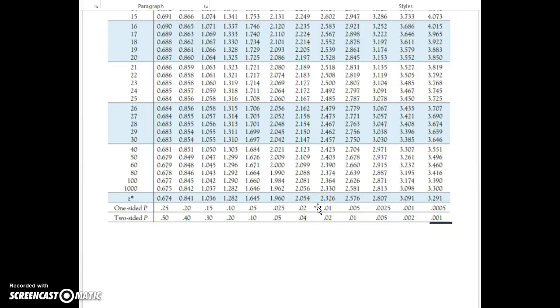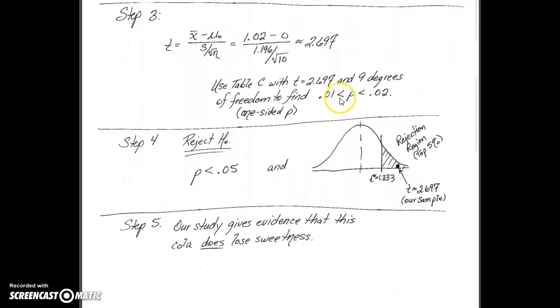We could check here if we're dealing with a one-sided, here if we're dealing with a two-sided. In our case, we're dealing with a one-sided. So that particular value would put us somewhere between a p-value of 0.01 and 0.02. We don't know what it is exactly without using technology, but we're somewhere in between these two numbers. So we record that p-value.